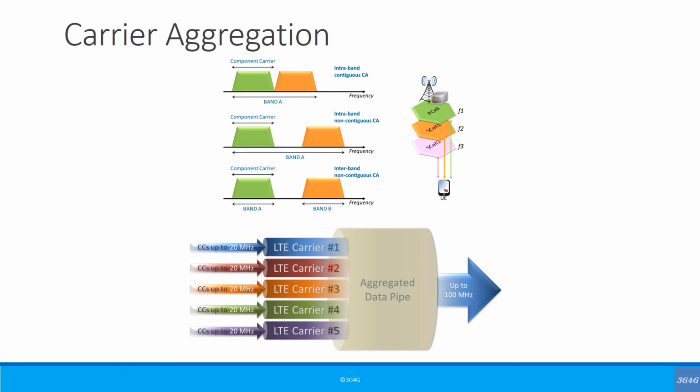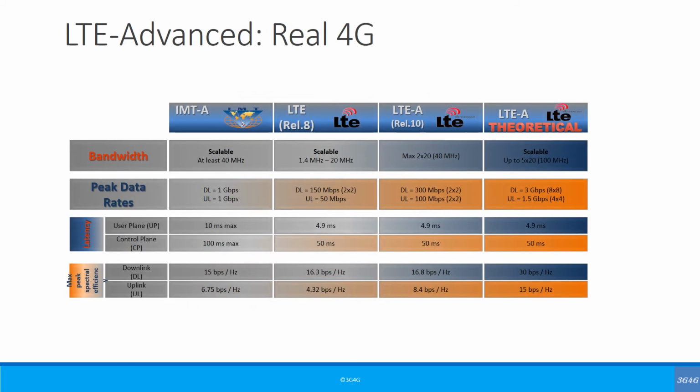What carrier aggregation allowed was to combine different spectrum pieces together. It's like combining small individual pipes to make a bigger pipe, and you can combine up to 5 different carriers to make up to a 100 megahertz pipe, right? This way you can improve the data rates and make LTE a true 4G technology.